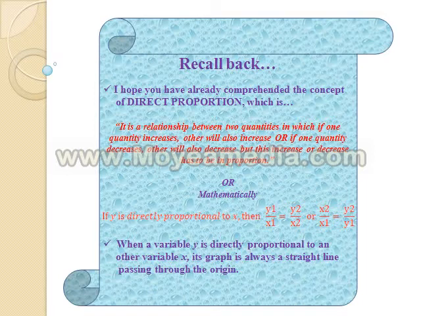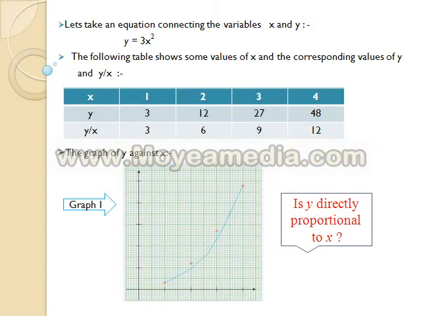So a directly proportional relationship will always give you a straight line passing through the origin, and we will use that litmus test also when we decide whether something is directly proportional or not. Now let's come to today's topic.